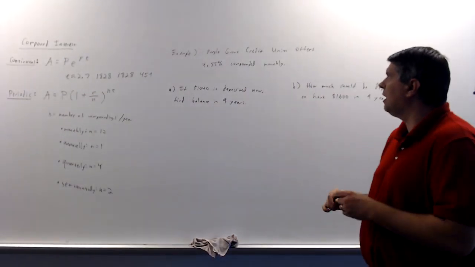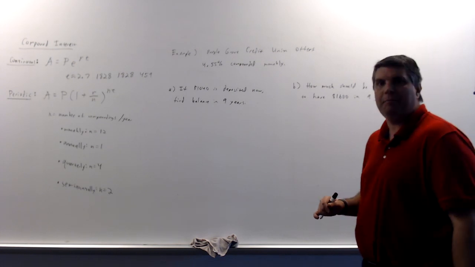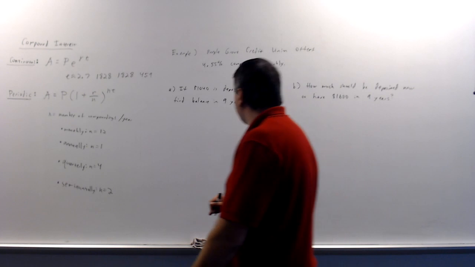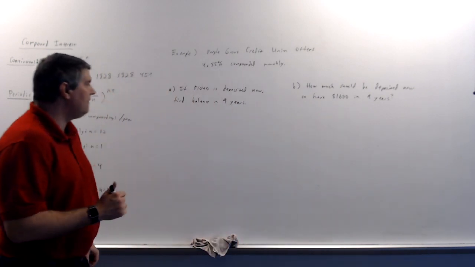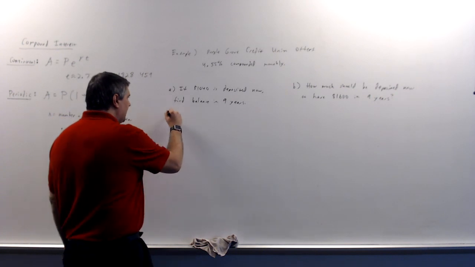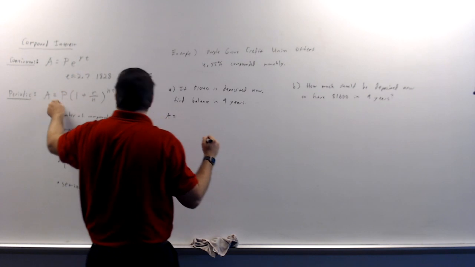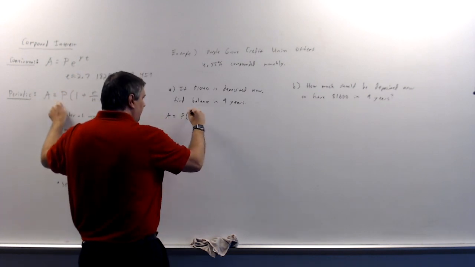Okay, Purple Grove Credit Union offers 4.55% interest compounded monthly. If 1,040 is deposited now, find the balance in 9 years. So it is non-continuous. That means it's monthly, it's periodic. So this is the appropriate formula.